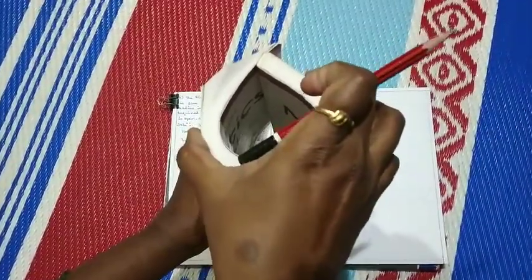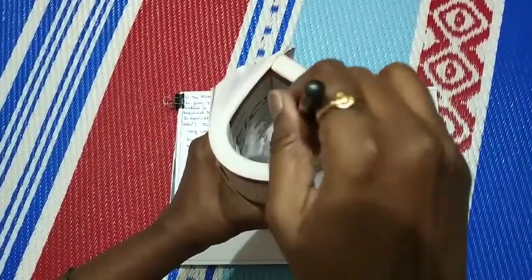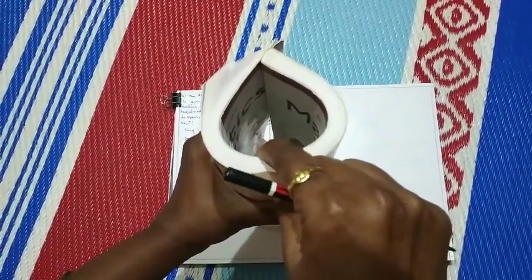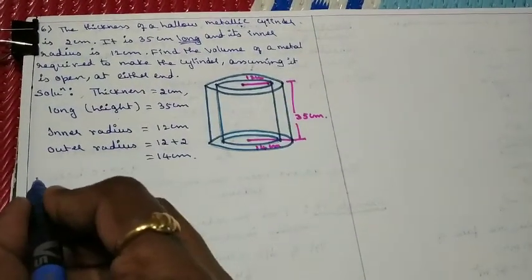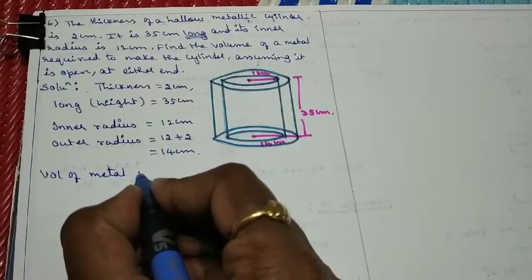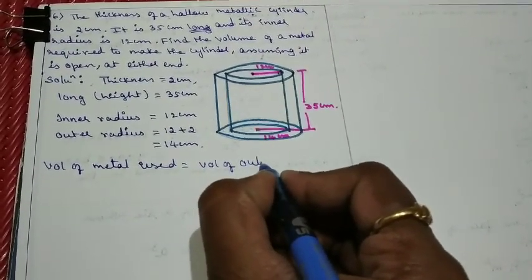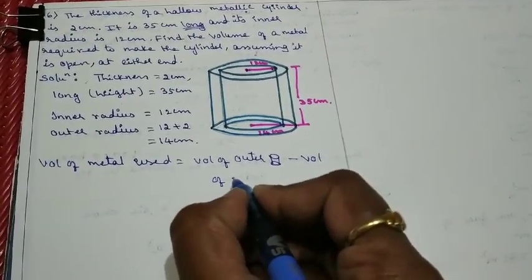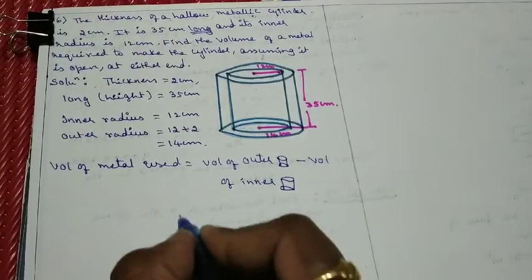So having this, we need to find its volume, that is the metal used to make the hollow cylinder, which can be done. Volume of outer cylinder, meaning the completely filled outer cylinder, minus volume of inner cylinder. If we do that, then we'll get the volume of metal used to make the hollow cylinder having a thickness of 2 centimeter. So keep in mind, whenever the thickness is given, the volume we need to do like this only.